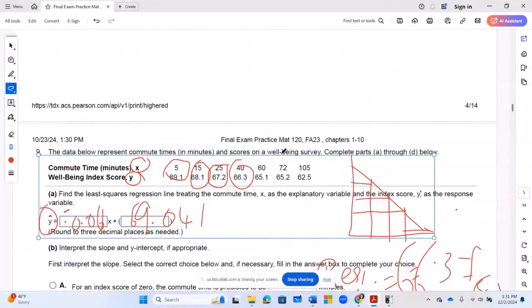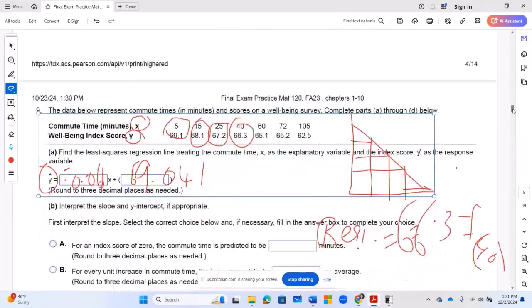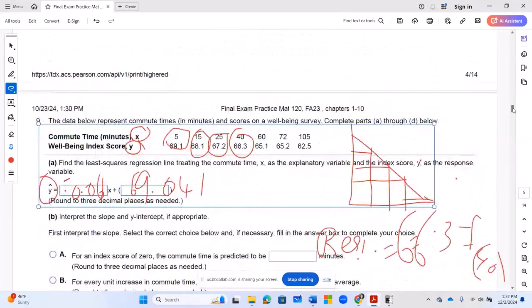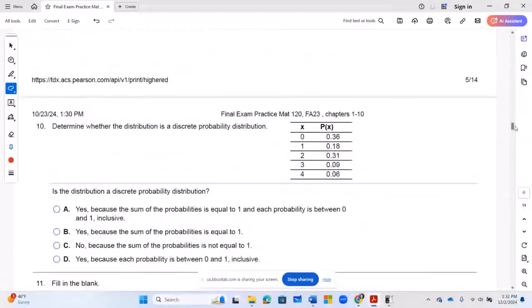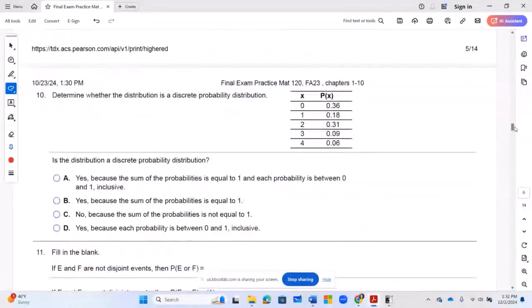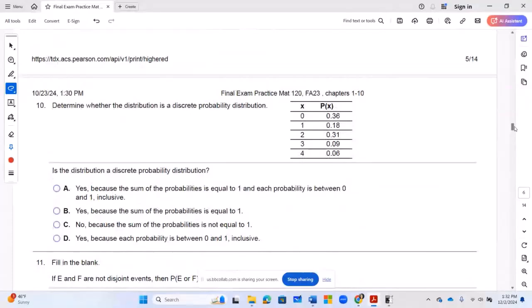If you know how to do one, you can do them one by one and get them. Alternatively, you can put it in your calculator. I can show you that one, but whenever I do, people keep getting confused, so I just leave you to do it the way you want to.